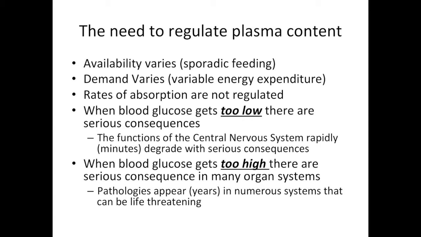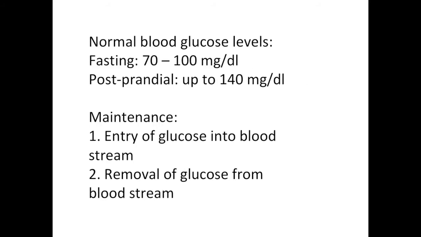But also we need to keep that level from getting too high, because there are long-term chronic conditions that happen through poor regulation of blood glucose, and so the body tries quite hard to maintain the blood glucose concentration within normal limits. And so what are these normal limits?